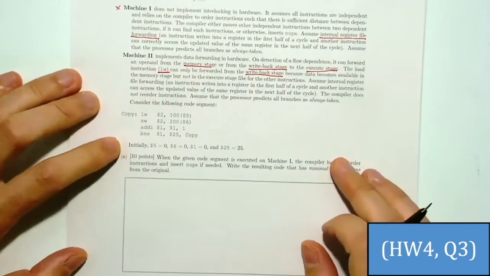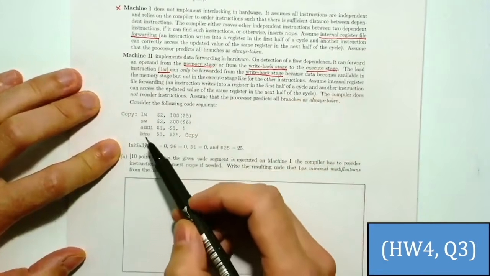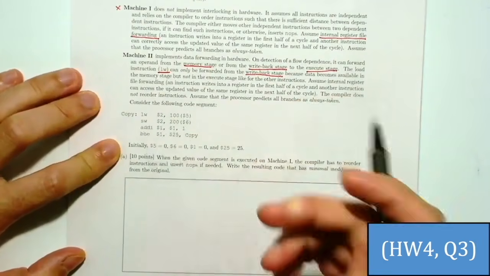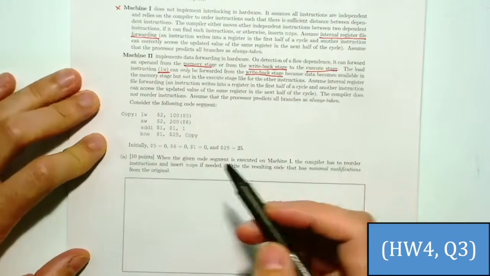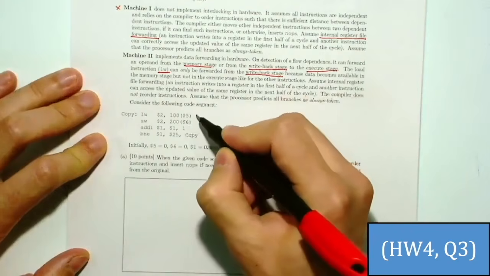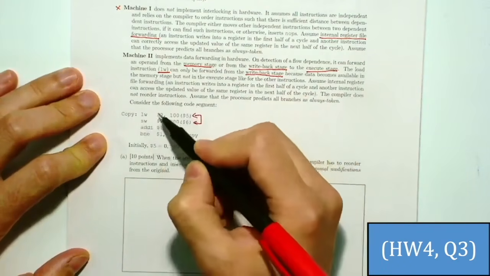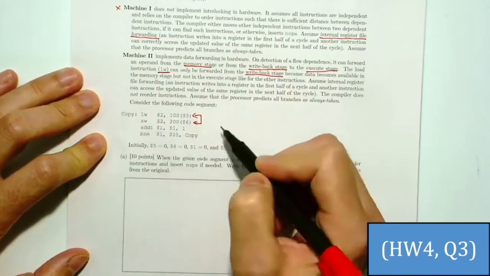We have this piece of code: load, store, add immediate, and a branch. And these are the initial values. Basically, we have dependencies here. These two instructions are dependent: we load into register 2 and we store register 2 into memory.